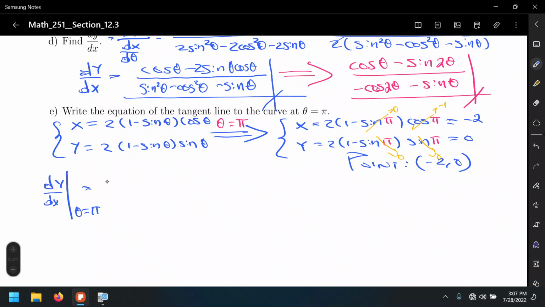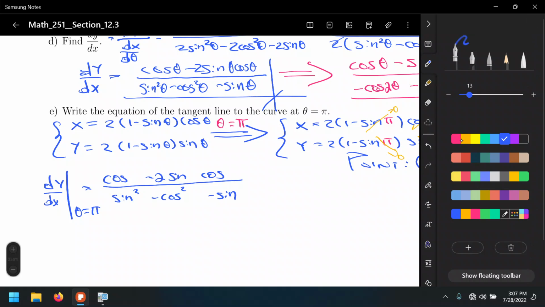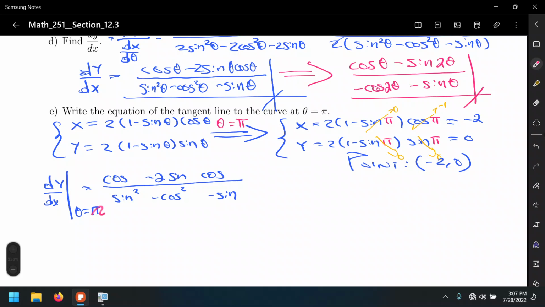So again, this will be cosine pi minus 2 sine pi cosine pi over sine squared pi minus cosine squared pi minus sine pi. Let me write the pi with a different color just so we can see how we evaluate this.